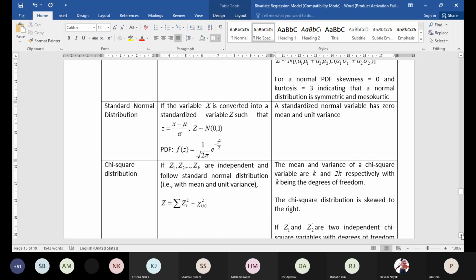Then from this z, we can derive another very important distribution, that is chi-square.